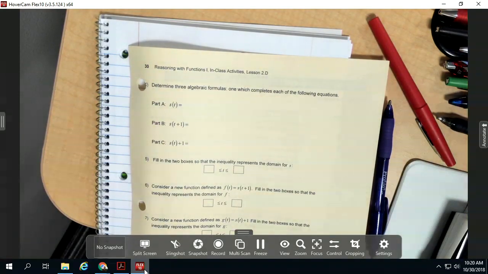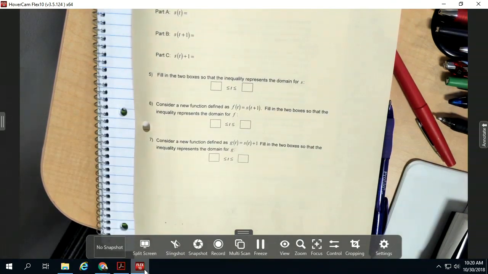So, in this situation, for the first case, what can t go between, from what number to what number? 0 to 3.5 or so, right around 3.5.